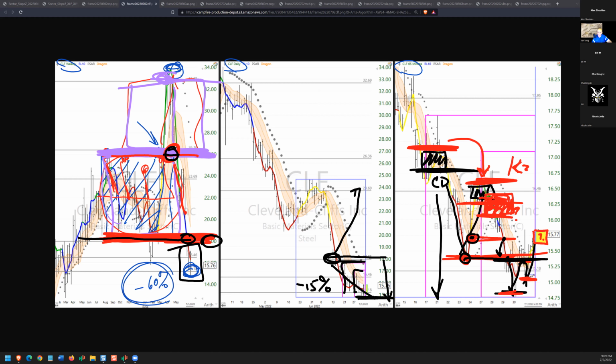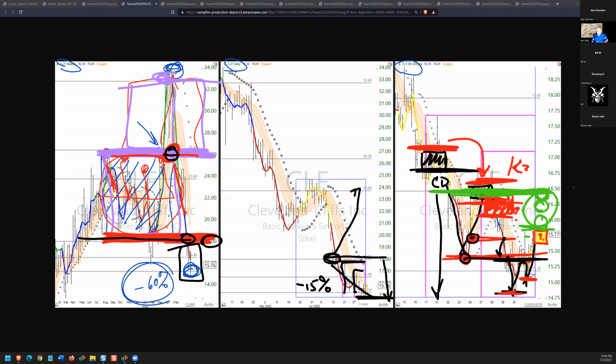Once more, if this thing breaks to the upside, then we could see how it could get to 16.50 pretty easily. And if that's our risk, you get 1, 2, almost 3 to 1, just to get back to the previous resistance level. That's just the tactical trade.